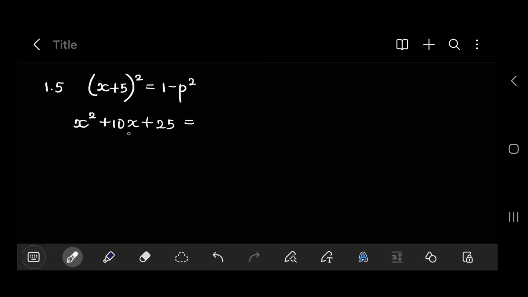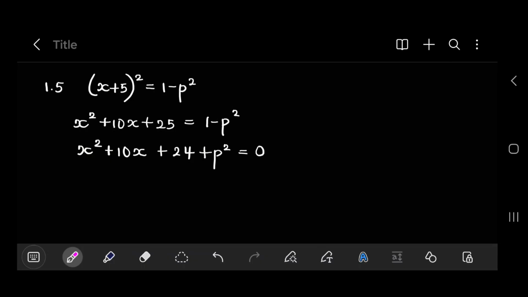To get the middle term, we multiply both terms together and then we times by 2. And to get the third term, we square the second term. Now on the right hand side, we had 1 minus p squared. Let's get everything over to the left. So we have x squared plus 10x. Taking the 1 over, we've got 24 because it minuses. Taking the minus p squared over, it becomes positive p squared.